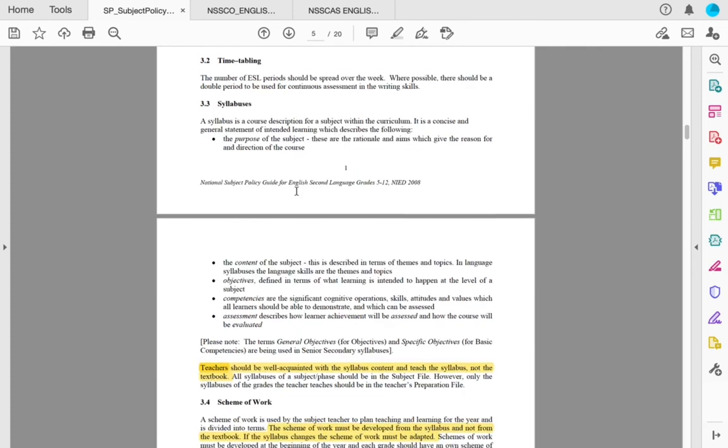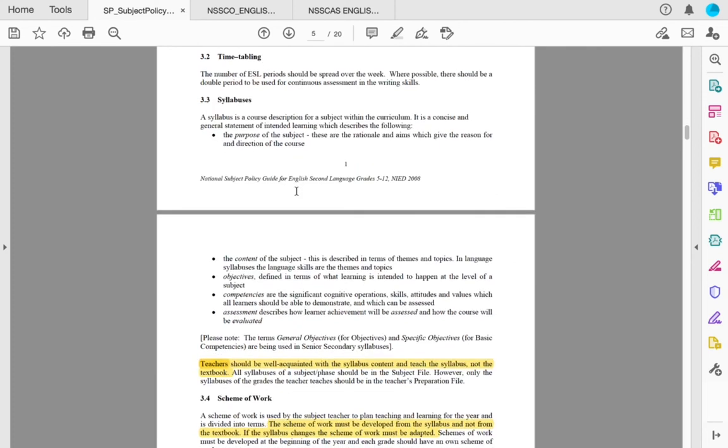And then we have got the syllabi, the syllabuses. Syllabuses is the plural of syllabus, right? And sometimes you can say syllabi is also a plural of syllabus. In any case, a syllabus is a document that describes the course within the curriculum.